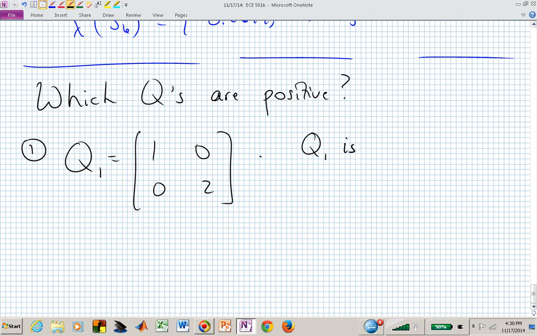That needed to be non-negative. Let's look at what that is here. Q1, is that self-adjoint? In a matrix with the standard basis or an orthonormal basis, we just need this to be equal to its complex conjugate transpose. Since it's real, we don't really have to worry about the conjugate part, but it is equal to its transpose. So Q1 is self-adjoint.